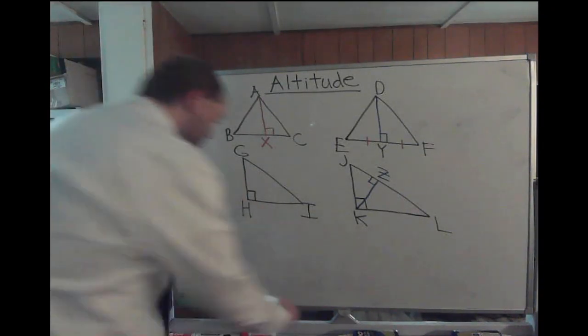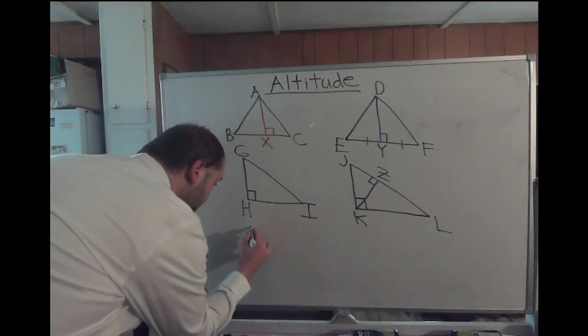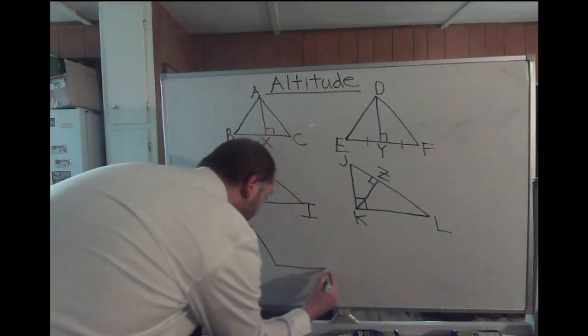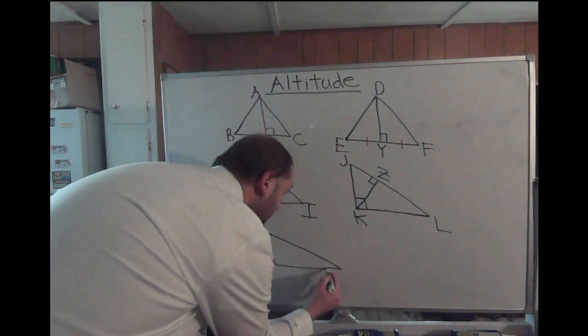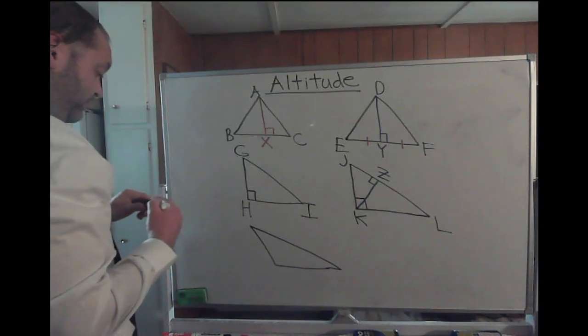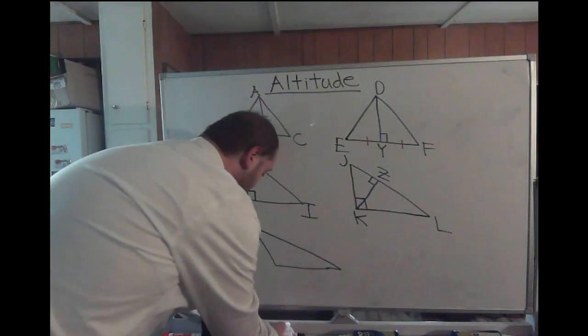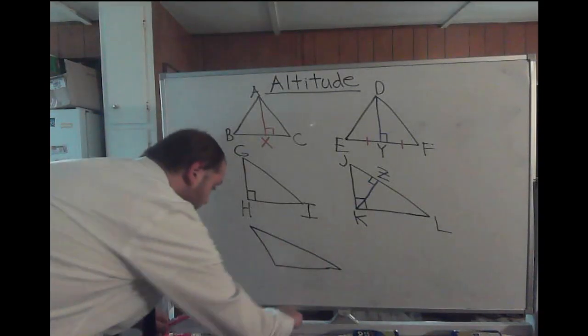Alright, and then we need to talk about obtuse triangles. Now, in obtuse triangles, the altitude, well, let's label some points here, right?